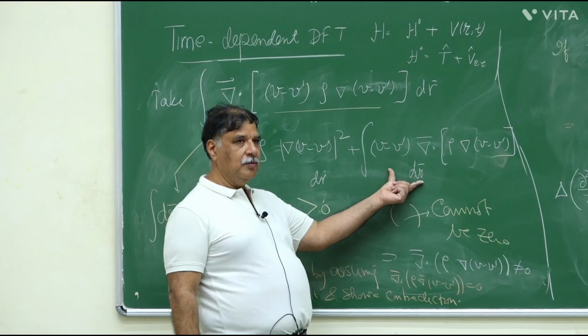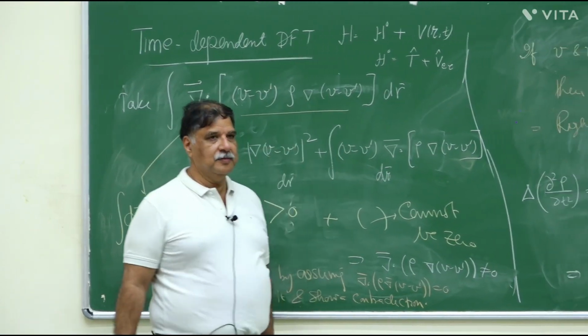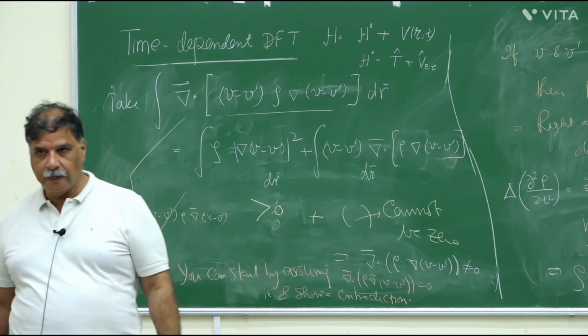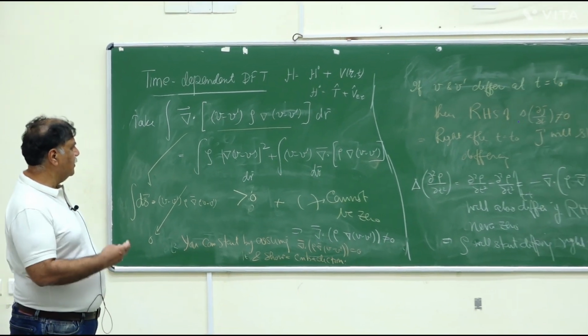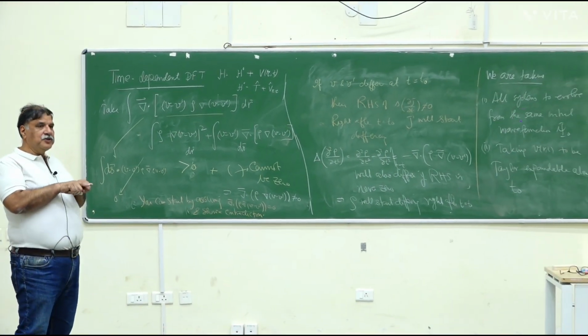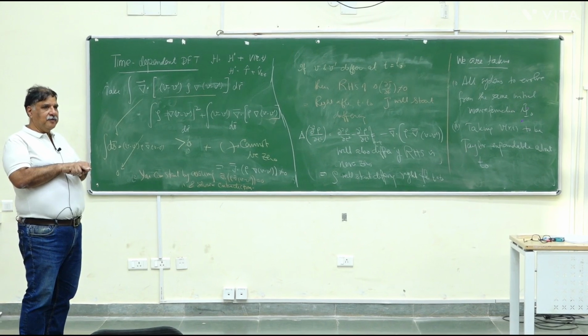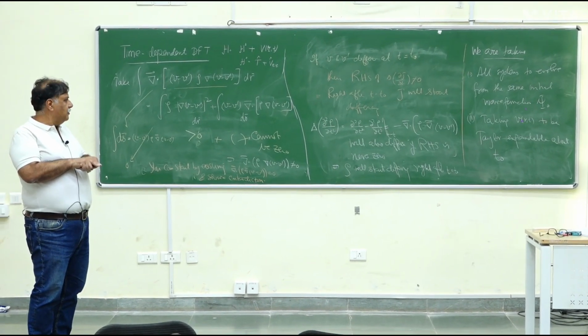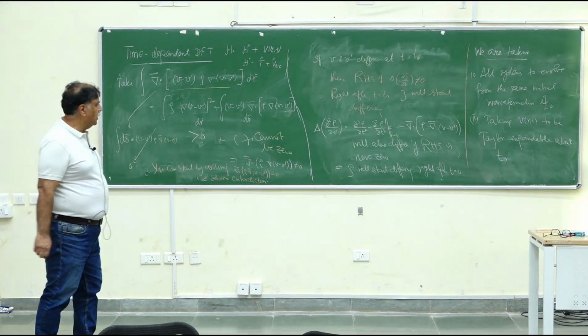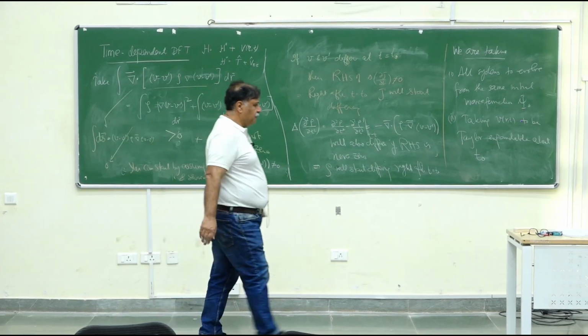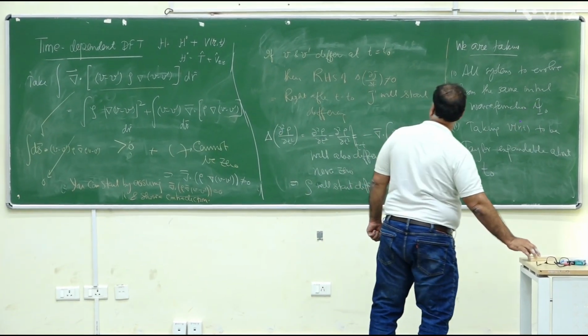But then you say this is 0, this is positive, this is 0. So what one has shown is that if the two potentials are different right from the beginning, then the evolution is going to be different. The proof is not yet complete.